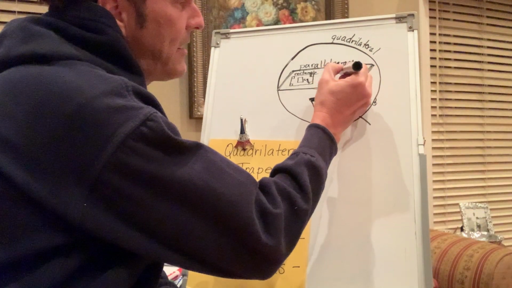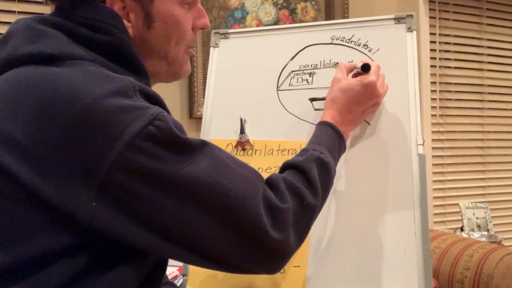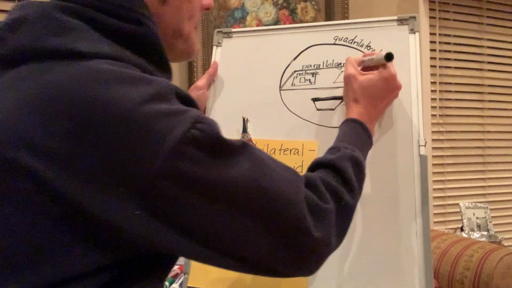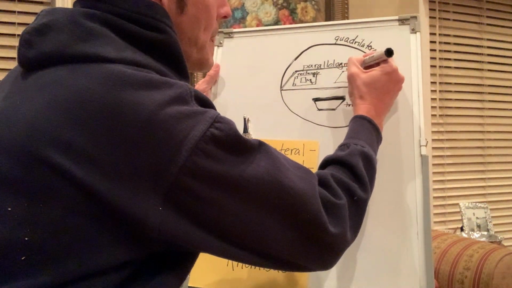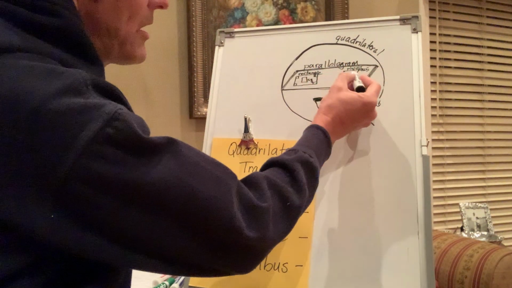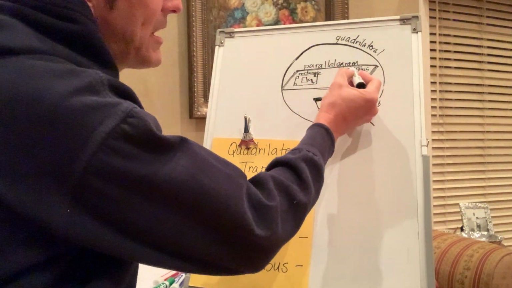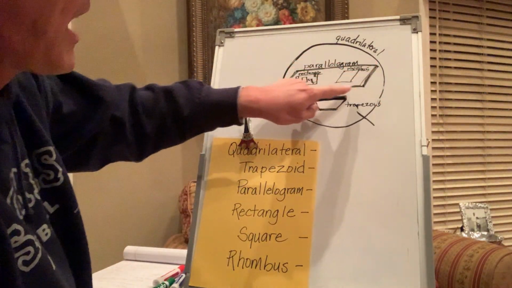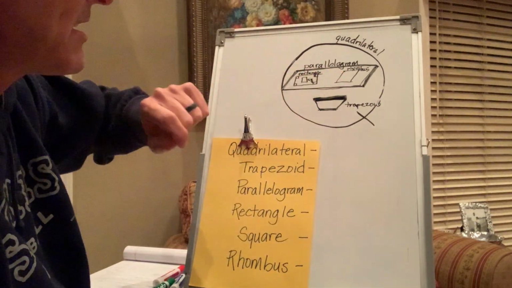Then on this side, I draw another eyeball, but I make this eyeball a rhombus. A rhombus has 2 pairs of parallel sides, but it also has 4 equal sides. You see, the parallelogram doesn't have to have equal sides, but a rhombus does.